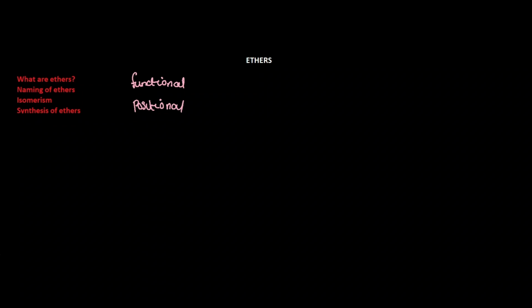Functional isomerism has to do with the existence of compounds with the same molecular formula but different homologous series. So these compounds have the same molecular formula, however, they belong to different homologous series.